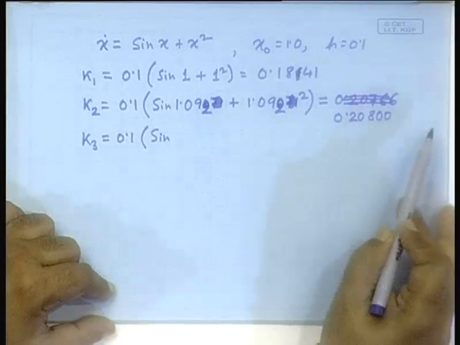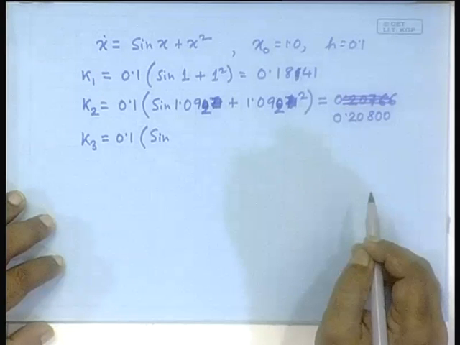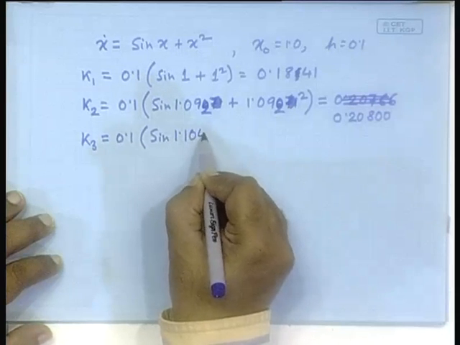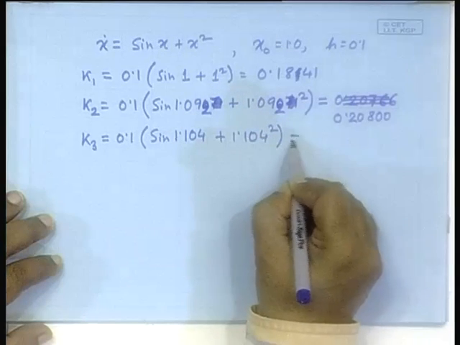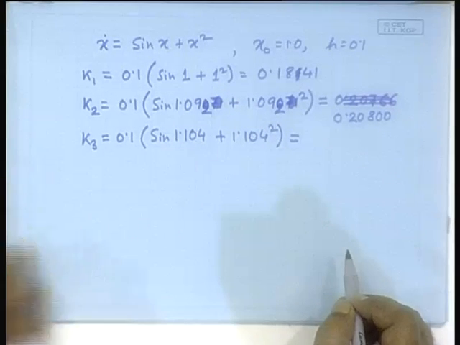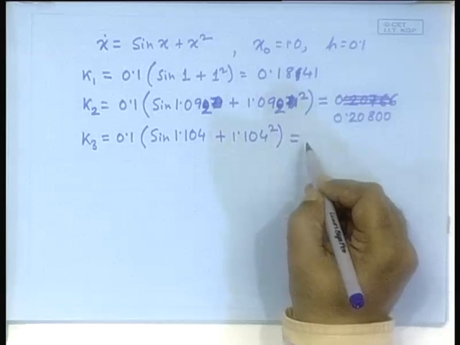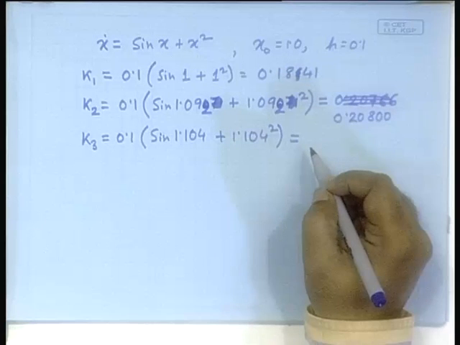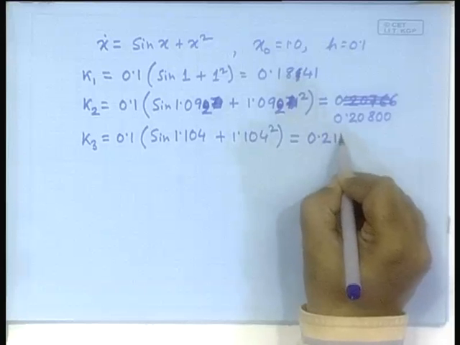How much is that? Plus 1.104 square is equal to, it should be 0.21 something, right? How much does it come to be?